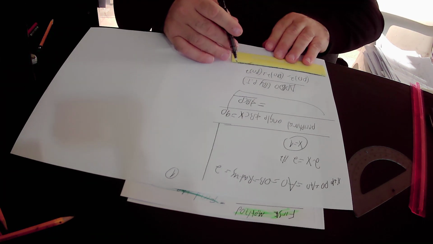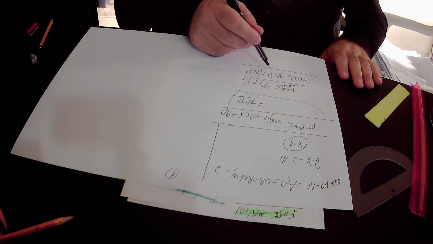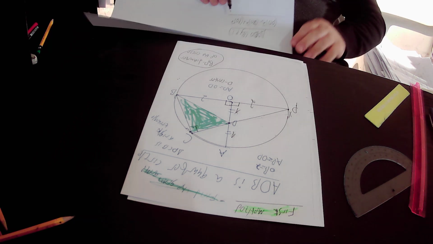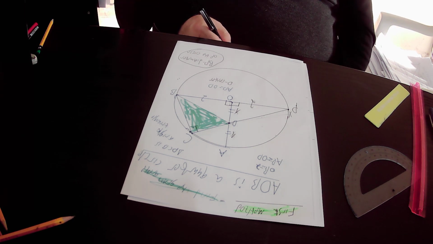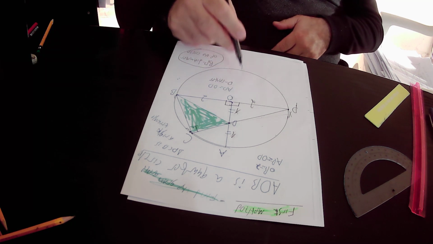I repeat again, in the right triangle PDO, PD square equals DO square plus PO square according to the Pythagoras theorem. So PD square, the square of the hypotenuse, equals DO square.